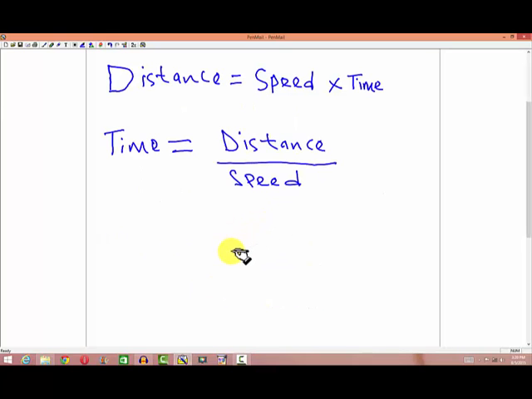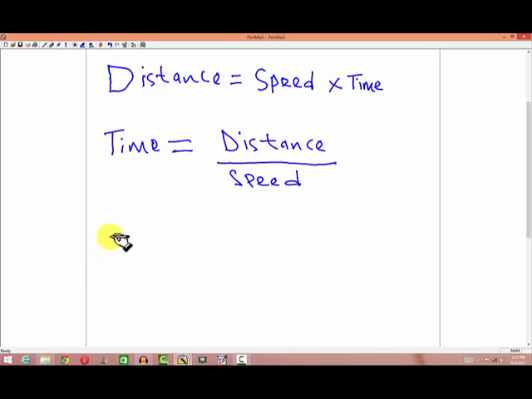So that's it, very simple. With this formula, you can calculate anything concerning time, speed and distance.